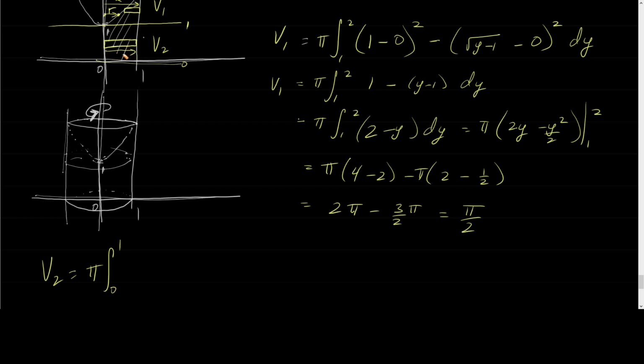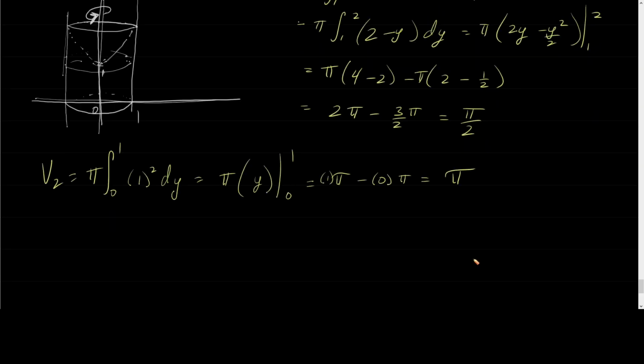That's my outer radius. That's my only radius. So it's just 1 squared dy, which gives me pi times the integral of 1, which is just y, evaluated from 0 to 1. Plug in the top number, so I end up with pi times 1 minus 0 times pi, which is just pi.